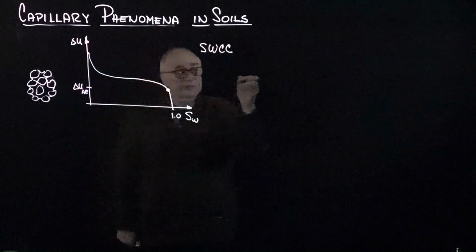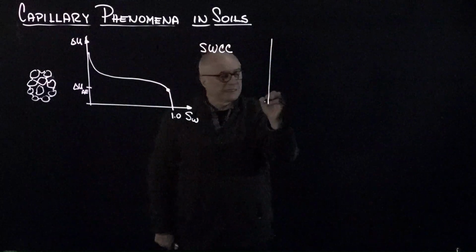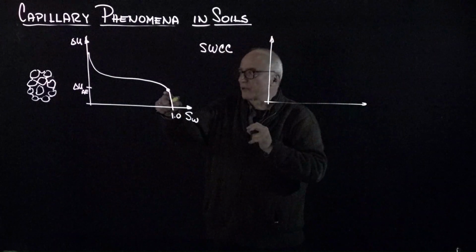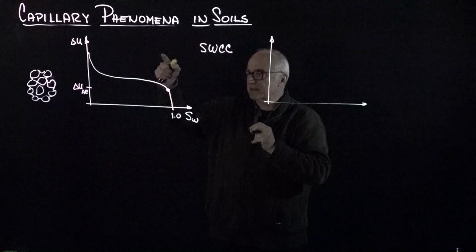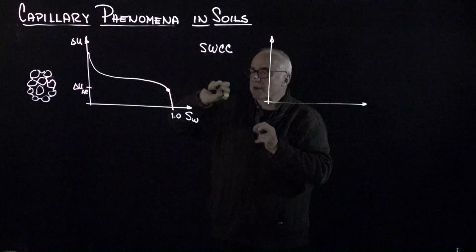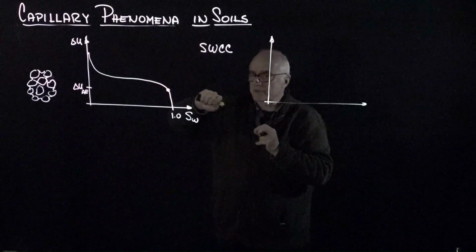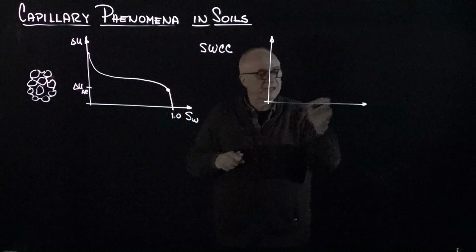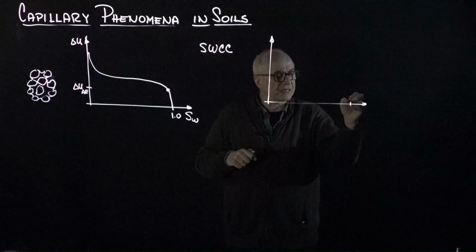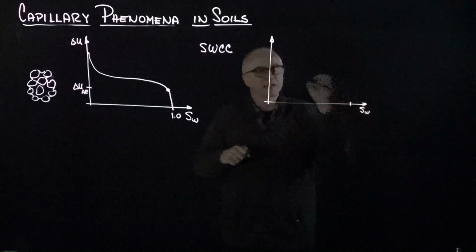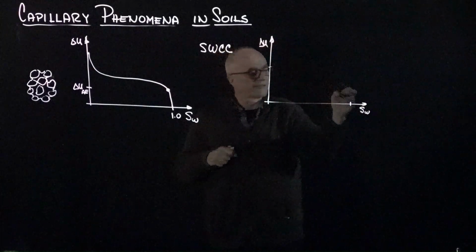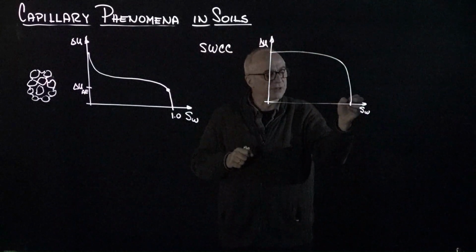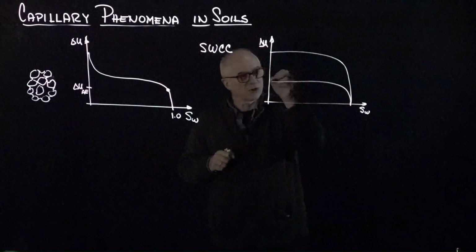It follows from this analysis that if we had a fine-grained soil, the pores are smaller, and because of Laplace, the suction required to invade them is inversely proportional to the pore size. Therefore, they will require higher suction. So this would be the saturation capillary curve for a fine-grained soil, homogeneous. This would be for a coarse-grained soil, homogeneous.